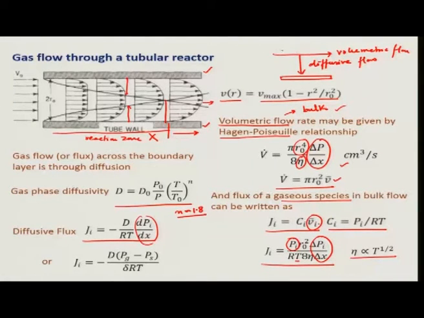So, gases must first come into the system by volumetric flow and then diffuse through the boundary layer to the substrate for reaction and thin film deposition, okay. And using the same expression, we can convert the concentration gradient to pressure gradient, okay.